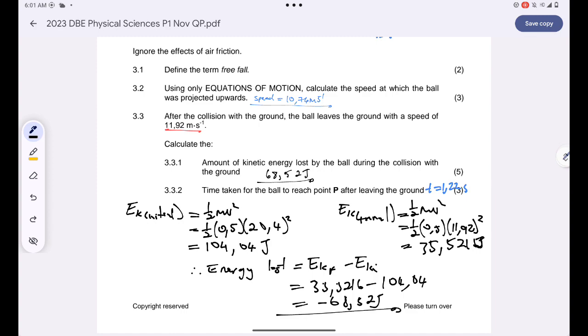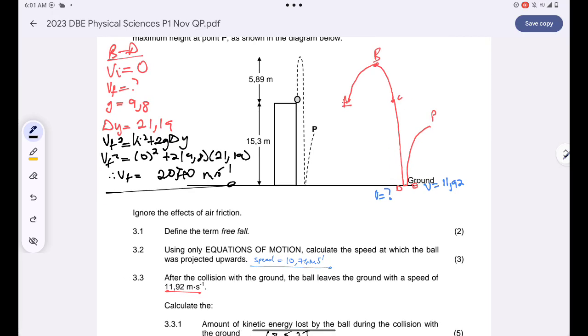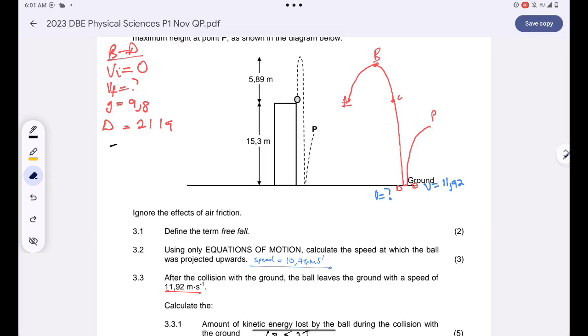And then now they want us to find the time taken for the ball to reach point P. We can simply take information from point E to point P rather. How can we do that?